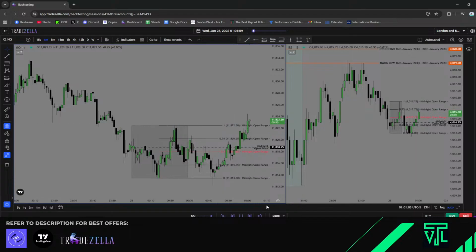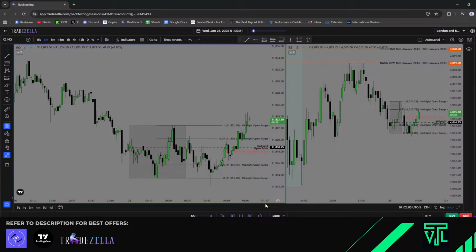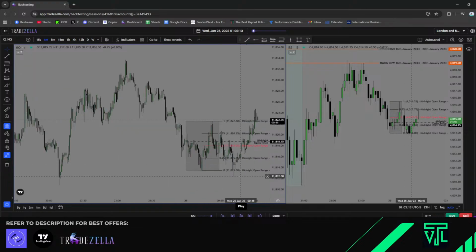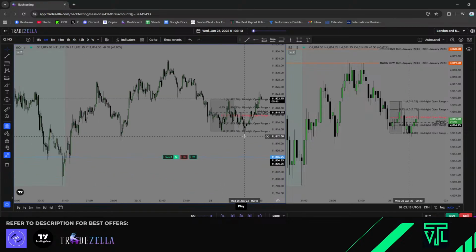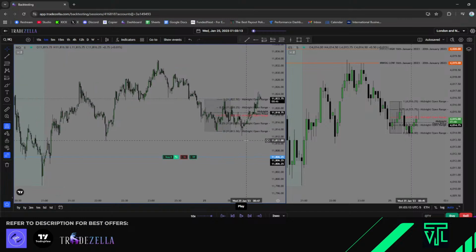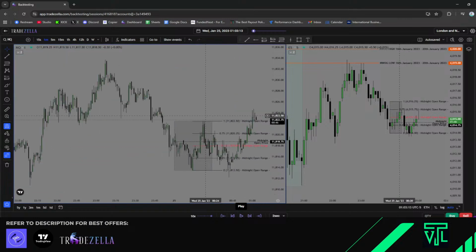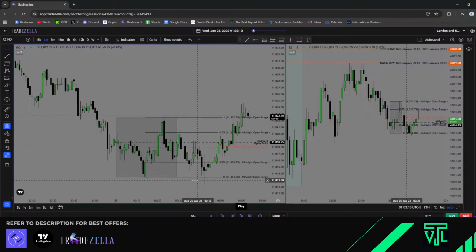The high there. This is usually a really high probability setup. If the higher time frame indicates that it can trade higher, you can wait for the midnight open range first. It will be sweeping the sell side and then run for buy side. Really high probability trade.